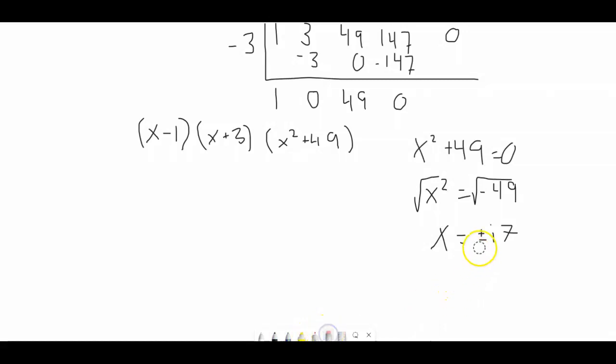So these are our last roots, which means that we can write these as factors as well, as x minus 7i and x plus 7i. So fully factored, this is going to look like this: x minus 1, x plus 3.